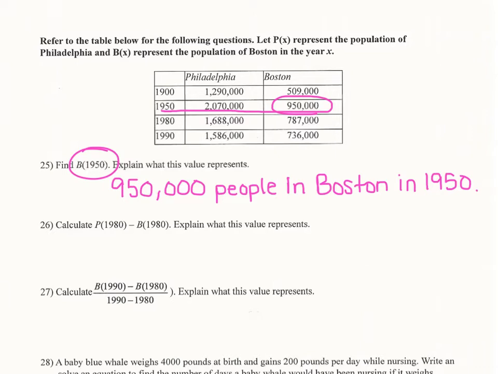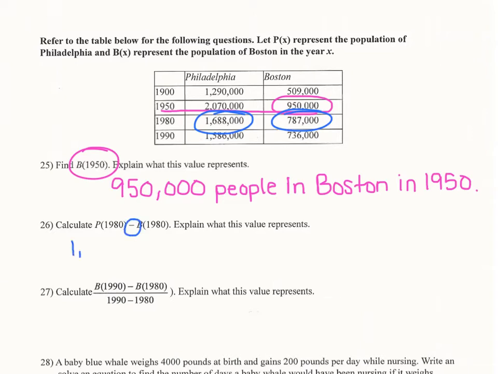Okay. P of 1980 minus B of 1980. So this time, let's see, I'll change my color up. P of 1980 is here, and B of 1980 is here. So it wants you to subtract. This means subtraction.